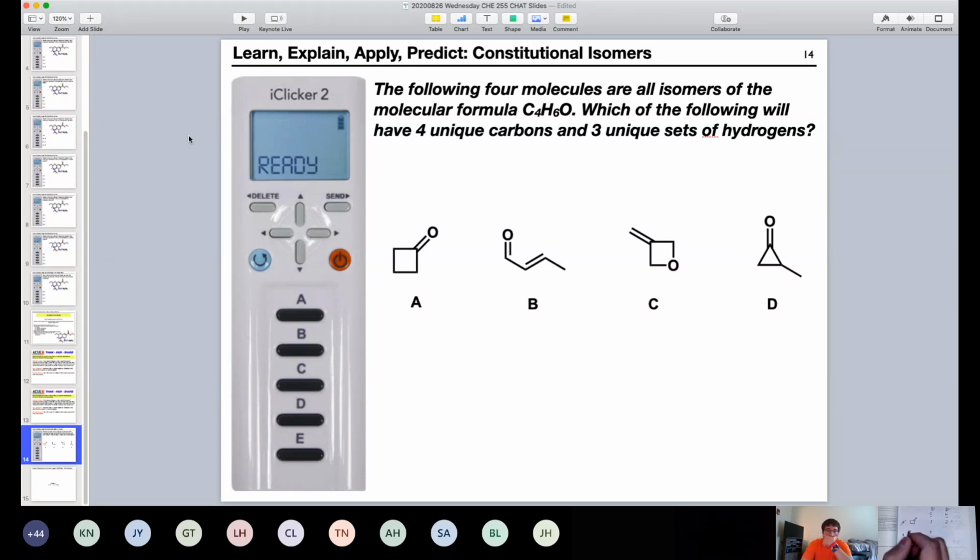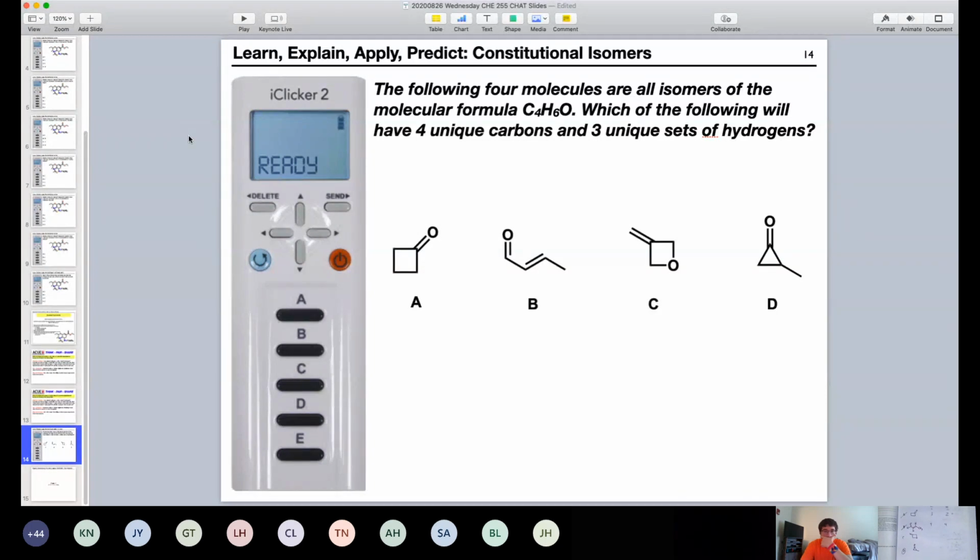It's also 4. 1, 2, 3, 4. 4, 4 does not match 4, 3, so that's not the correct answer.